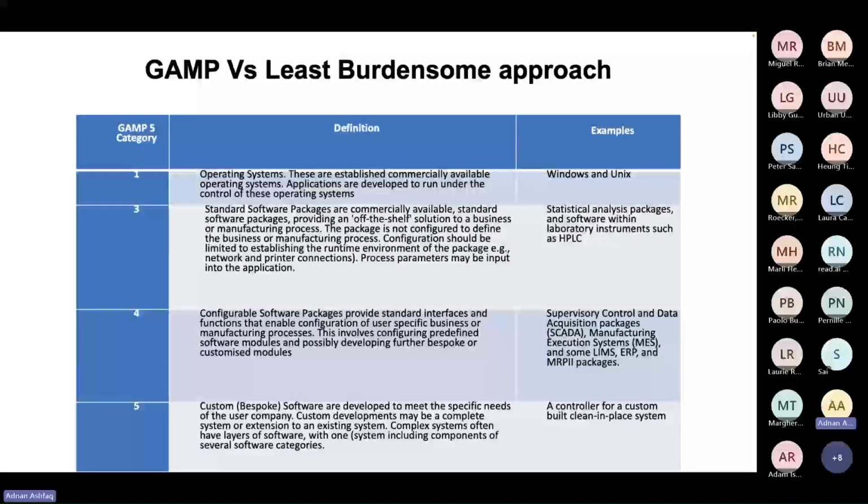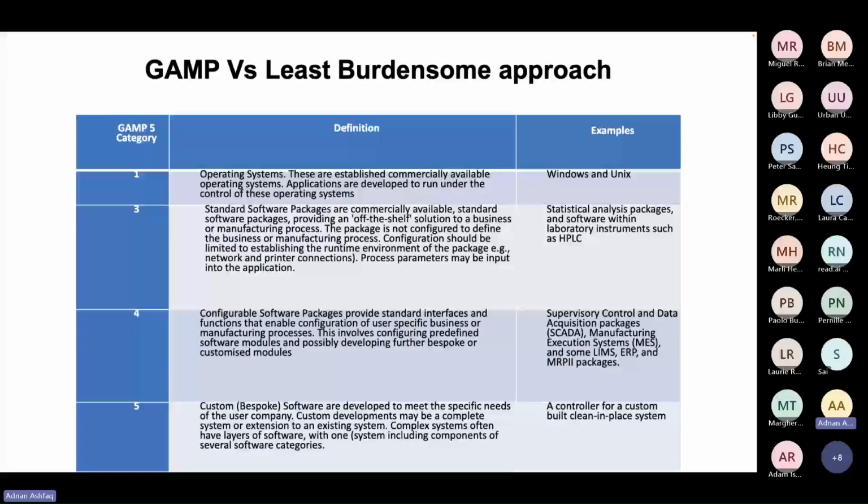So 1 is your operating systems, typically things like Windows and Linux. 3, you've got your standard software packages, which are commercially available off the shelf. Statistical analysis packages, any software with HPLC, laboratory instruments.